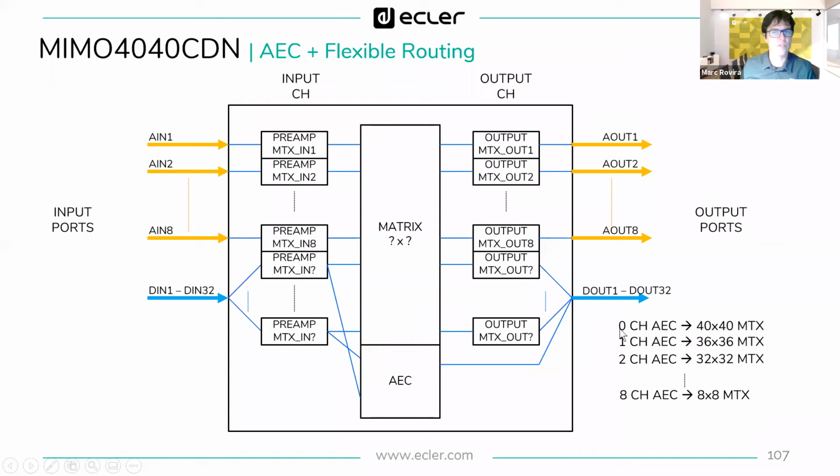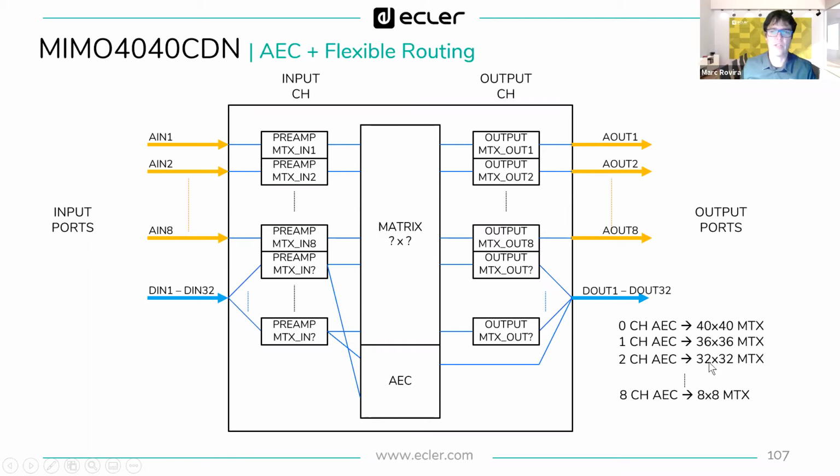If we've got 0 channels in the AEC, so we are not using it, we've got a 40 by 40 matrix. If we are using just 1 channel of AEC, we've got a 36 by 36 matrix, okay?